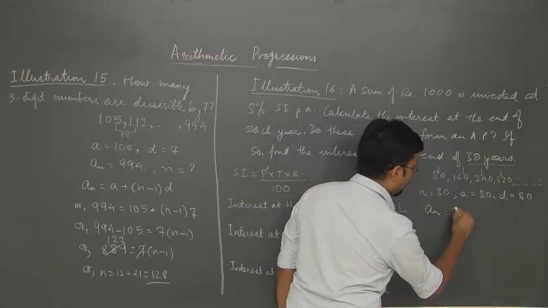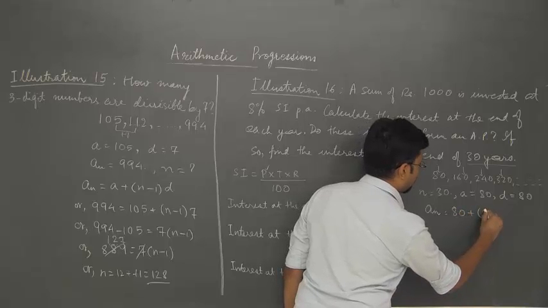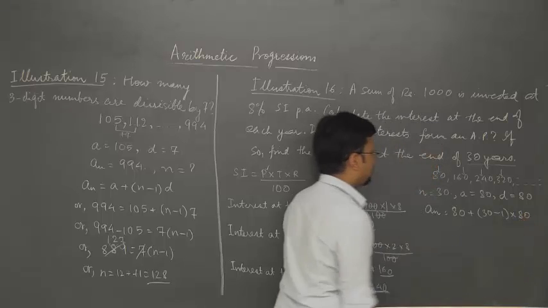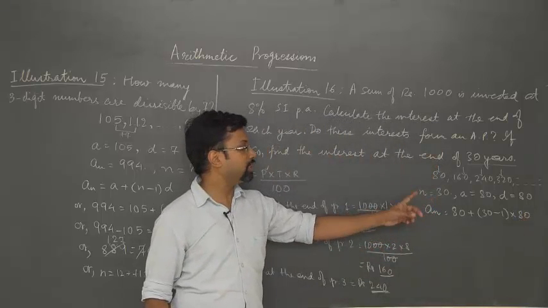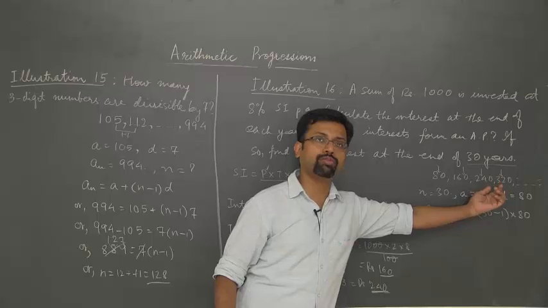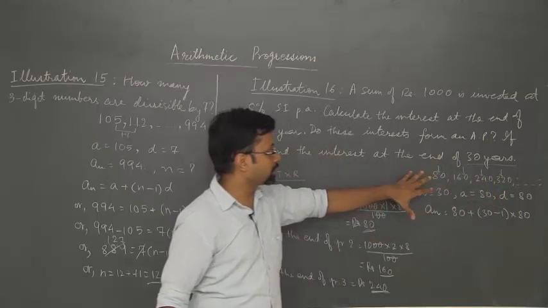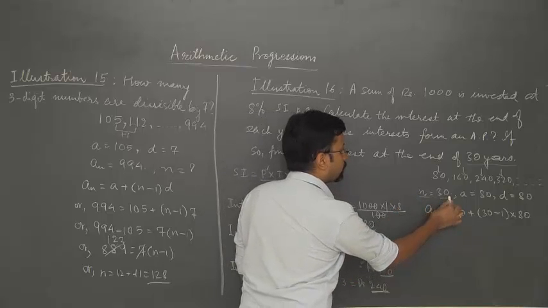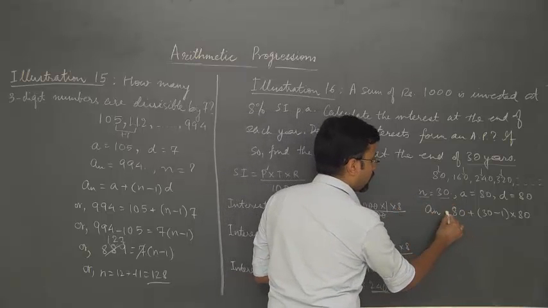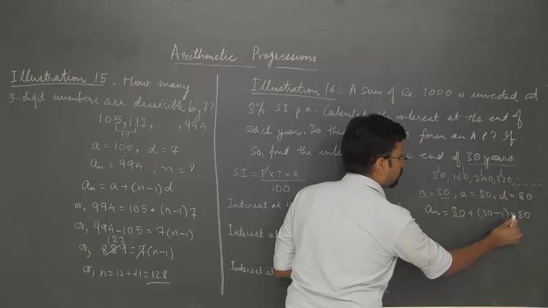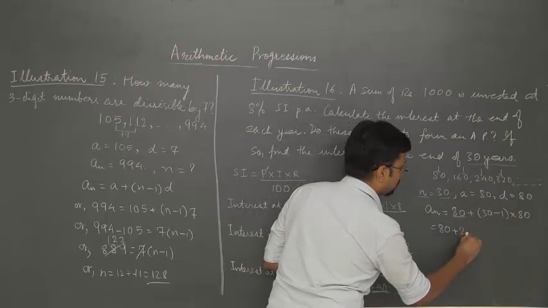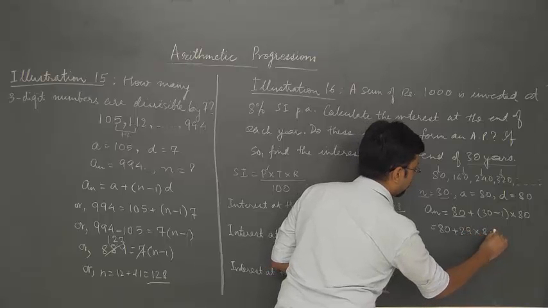What will an be? It will be a plus n minus 1 into d. We have to find the 30th term of this given AP, which is when n equals 30. So an is equal to a plus n minus 1 into d. What do we get? 80 plus 29 into 80.